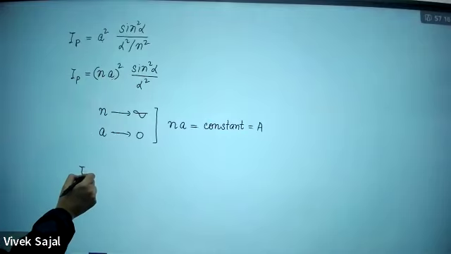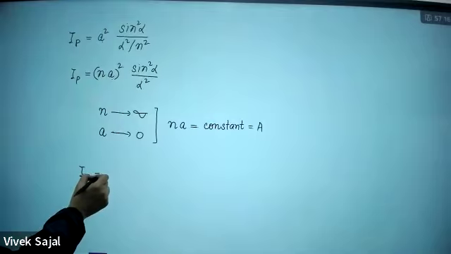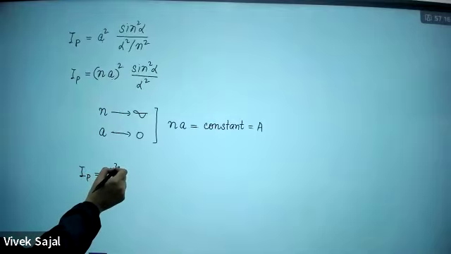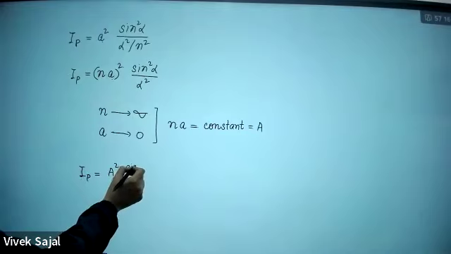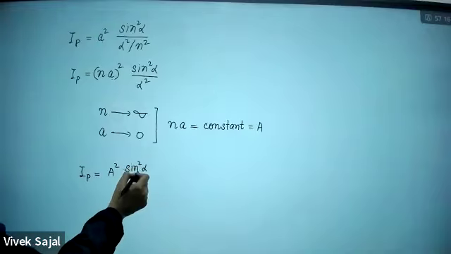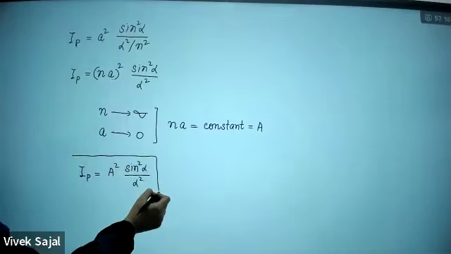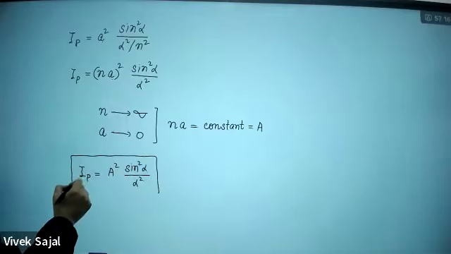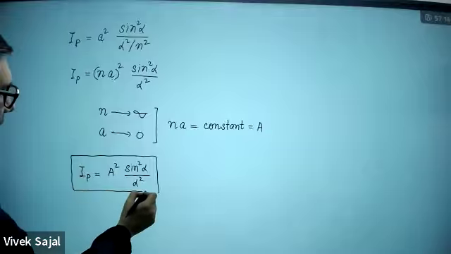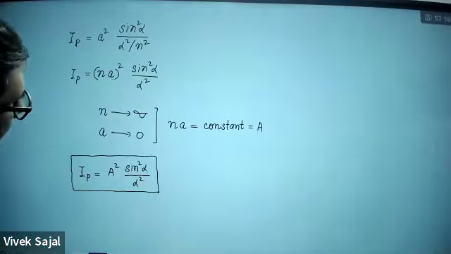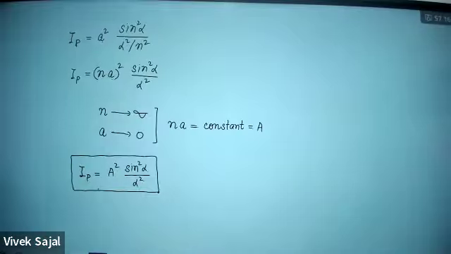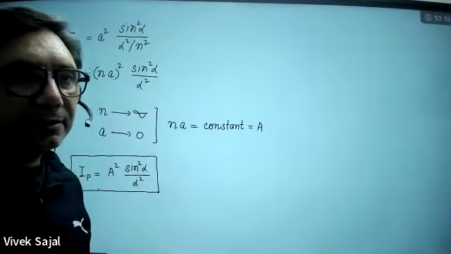So what will be the intensity at point P? That will be A square sin square alpha upon alpha square. This is the intensity at point P. So this is the formula for single slit diffraction.